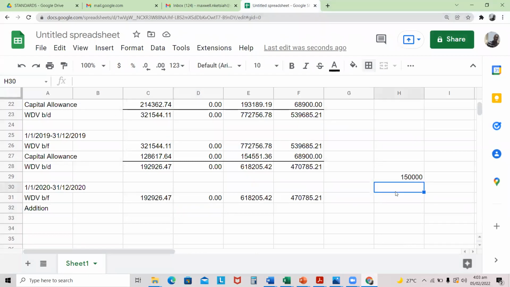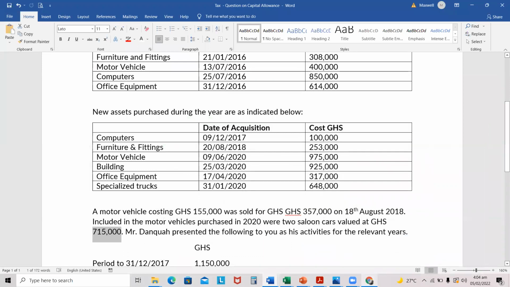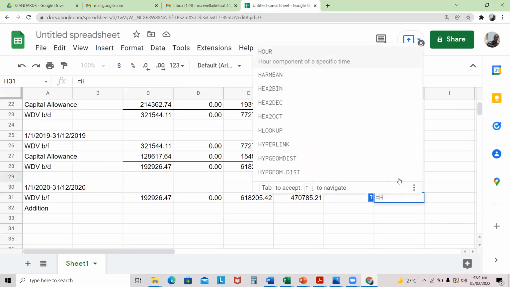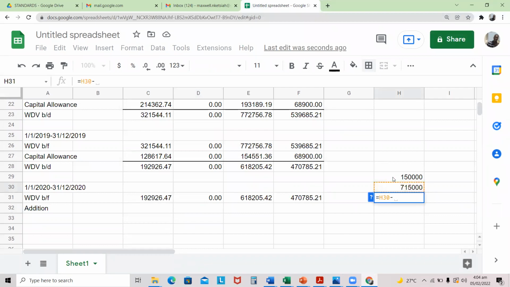So 715,000 minus 150,000 is 565,000. 565,000 has to be taken out of the total amount.